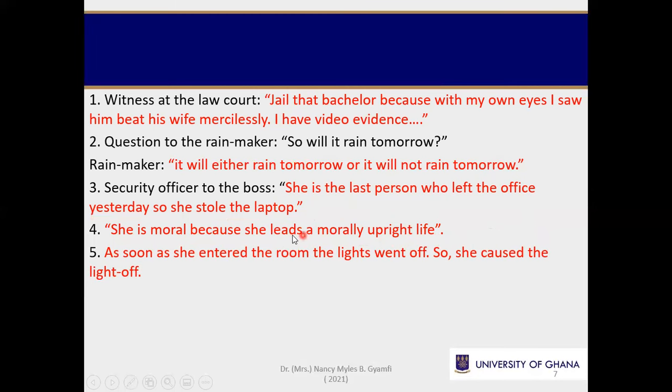This just repeated what is here. What it means to be moral is exactly what it means to lead a morally upright life. You didn't give me the reason why. You just repeated. And I think you have seen that. That's why we may describe this as tautology, circularity, begging the question.